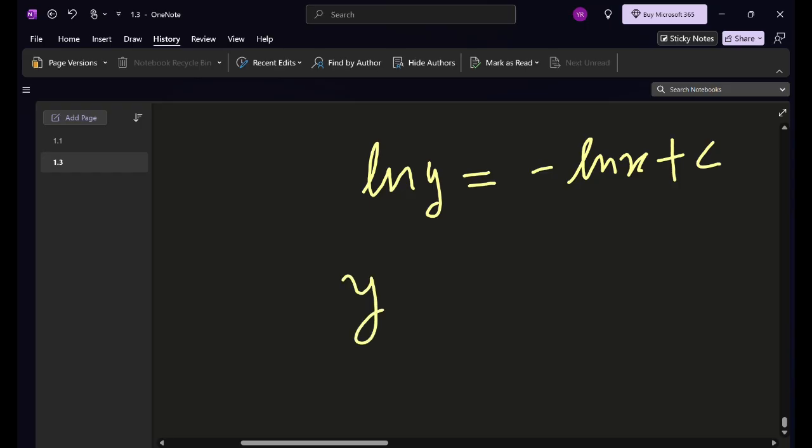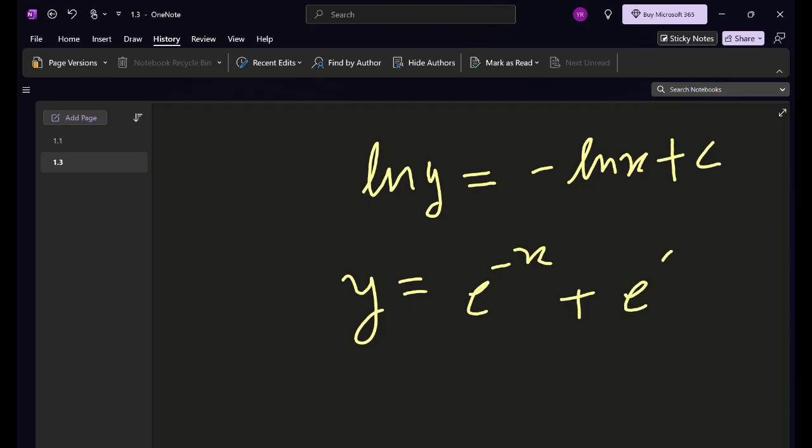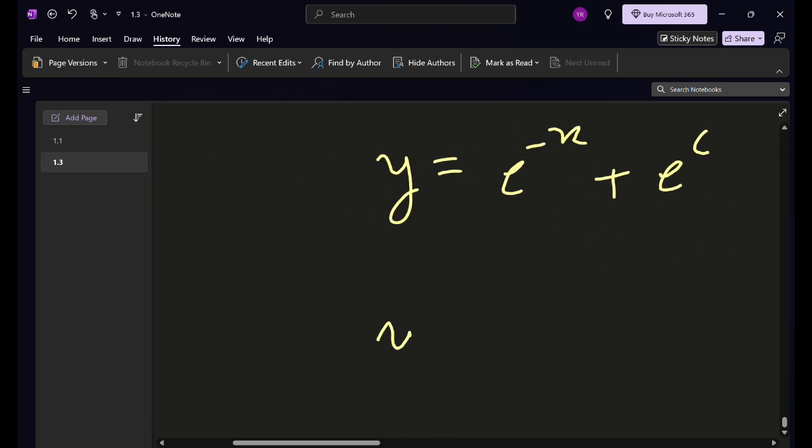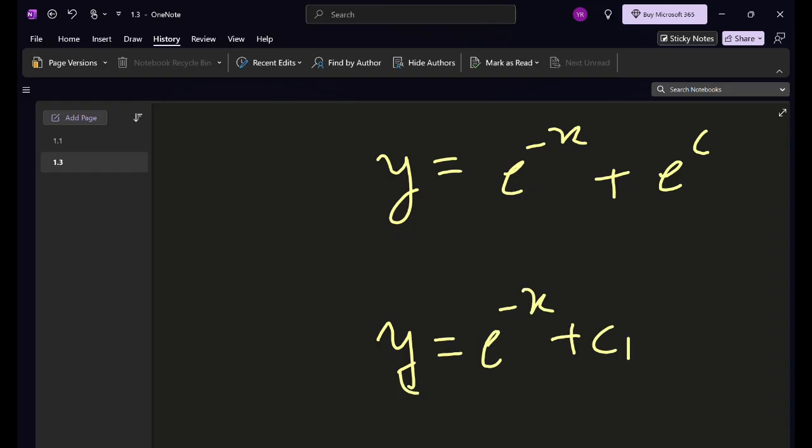And then in terms of y, it is going to be e to the power minus x plus e to the power c. e to the power c can be written as c1. So we are just going to take it as y is equal to e to the power minus x plus c1.